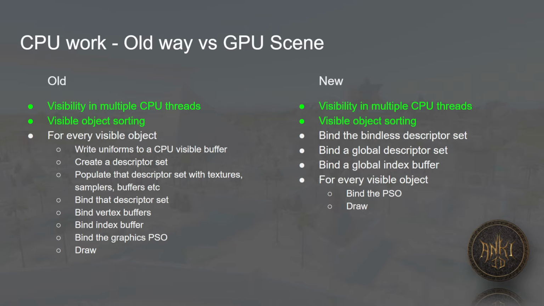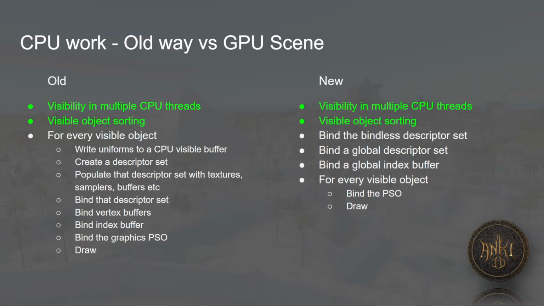We update the uniforms, also known as constants. Maybe create a descriptor set and populate it with textures, samplers, buffers, etc. We bind that descriptor set. We also bind the vertex and index buffers. And finally, we bind the PSO. Maybe sometimes we bind it, maybe sometimes we don't, depends. And finally, we have our draw call.